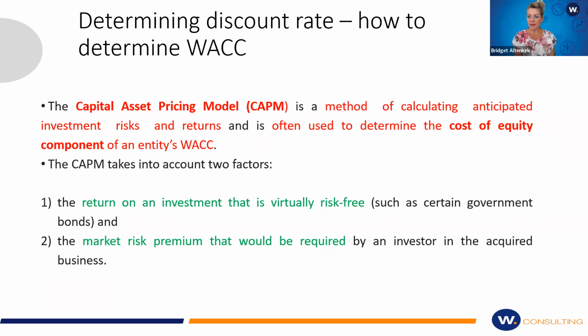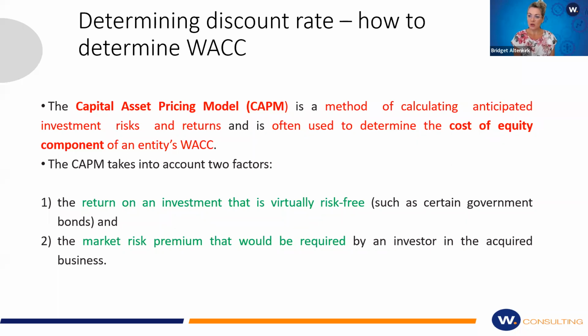How would one go about calculating their WACC or their weighted average cost of capital? So a commonly used method is known as the capital asset pricing model. It's a method of calculating the anticipated investment risks and returns, which are often used to calculate the cost of equity component.